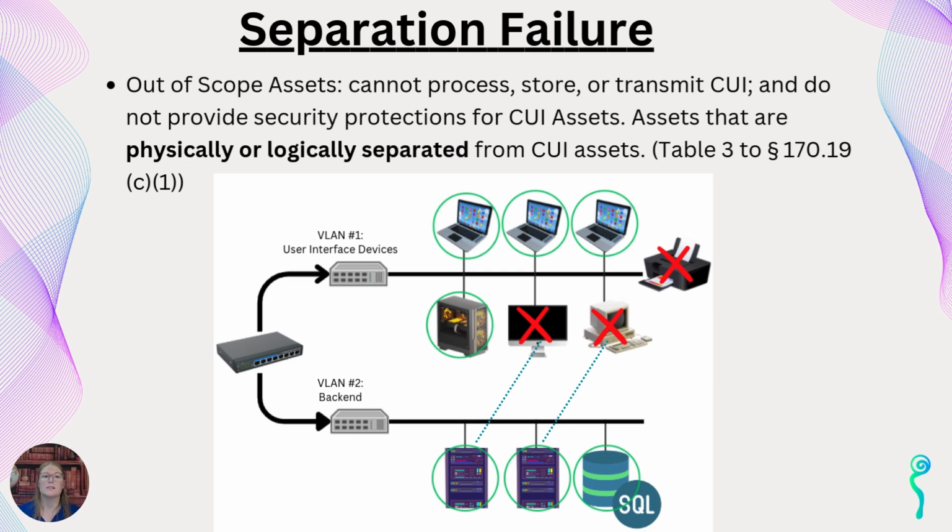One thing you can do is, if there is a business need for these assets to be not logically or physically separated from your CUI assets, then you would categorize them as CRMAs, contractor risk managed assets. It does not alleviate the need or the requirement to implement NIST SP 800-171 security controls on those assets, the ones that are applicable to that type of asset.